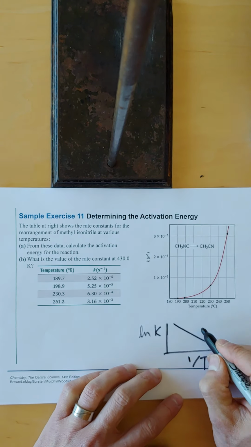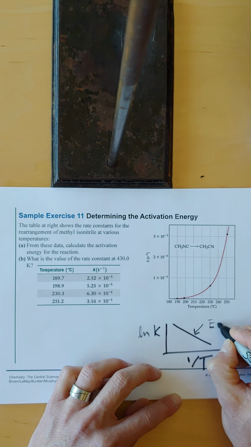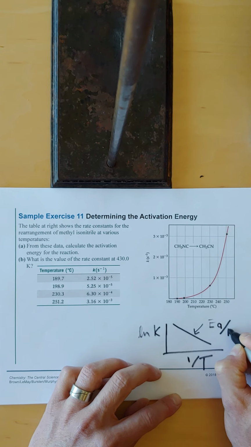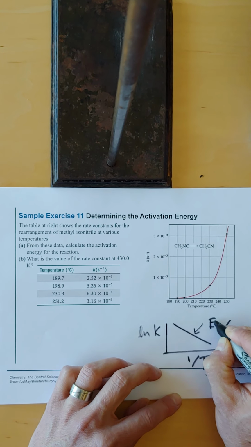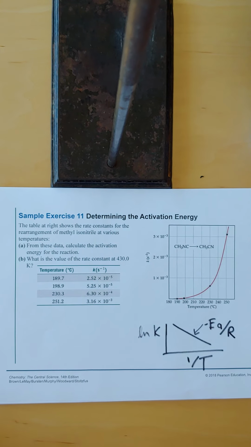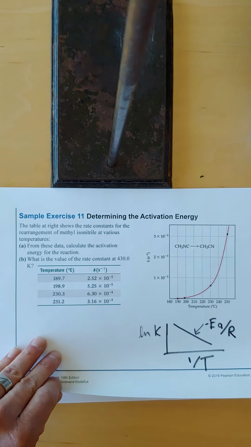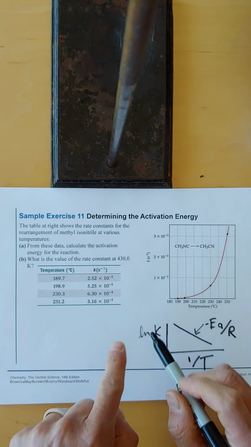And the slope of that line is going to be equal to the activation energy divided by R, R being my universal gas constant, which has units of joules per Kelvin per mole, right? And so when I plot that graph, I get a nice straight line that looks like that.